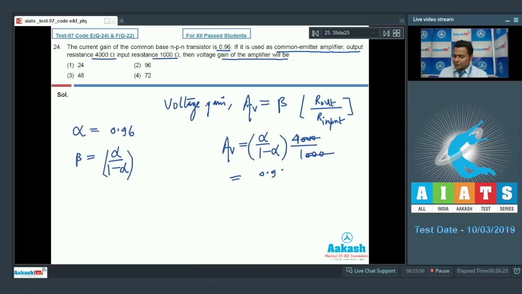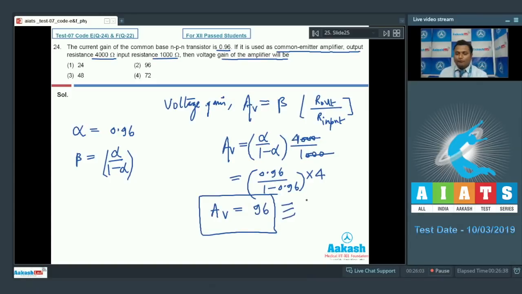Alpha is 0.96, 1 minus 0.96, multiplied by 4, gets you finally 96. So the voltage gain will be 96. And after looking at the options, we can say that option number 2 is absolutely correct. So we will go with option number 2.